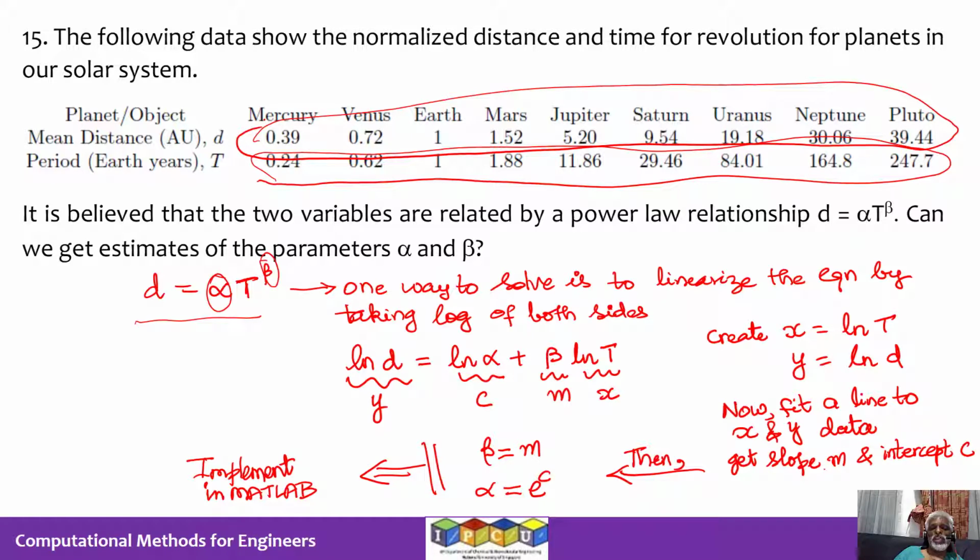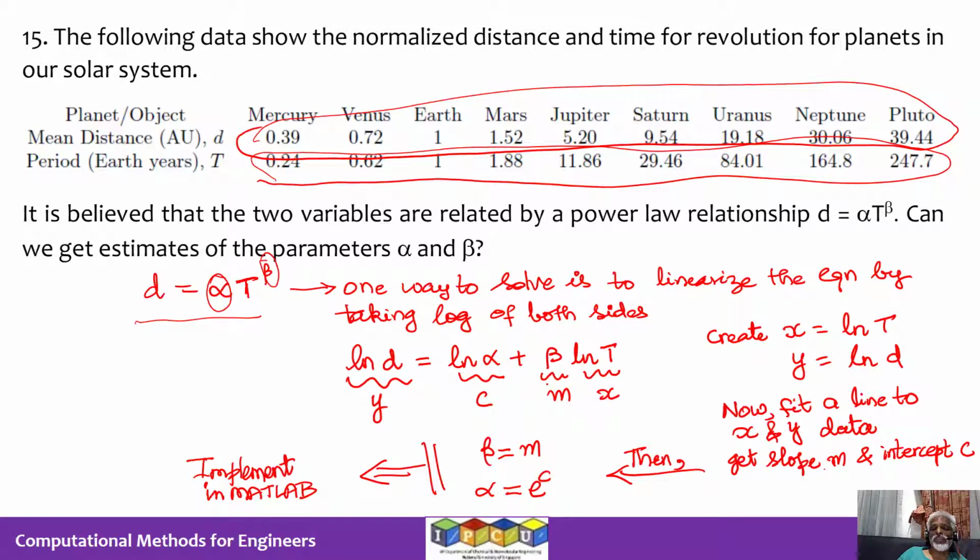Once I make those transformations, I can call ln of alpha, because alpha is a number, logarithm of alpha is a number, as c. And I can relabel the parameter beta as m.